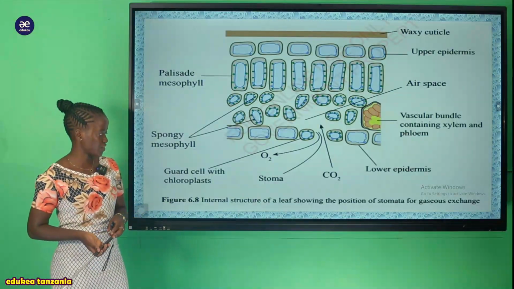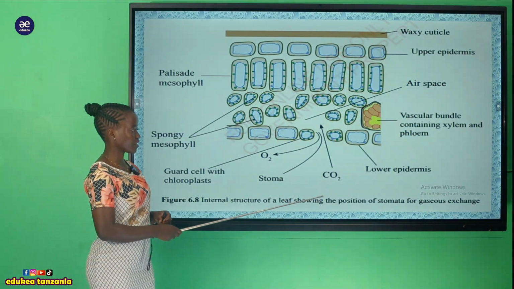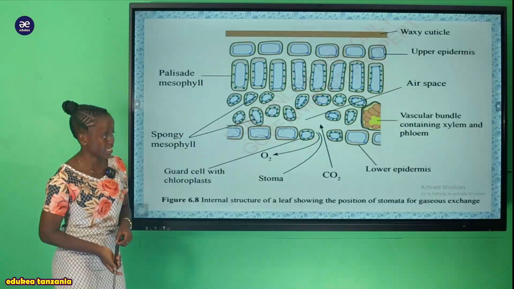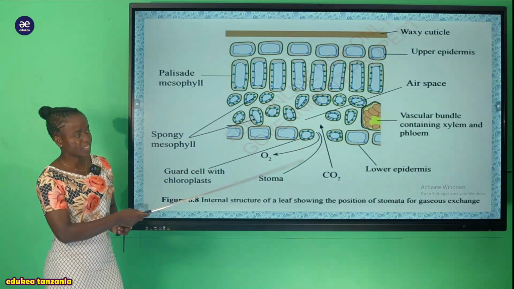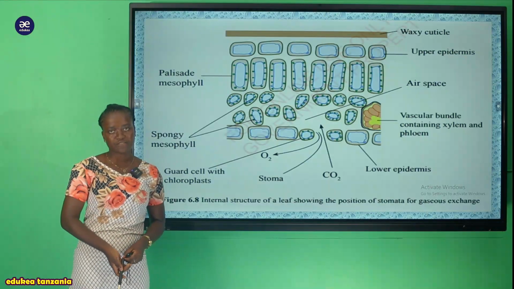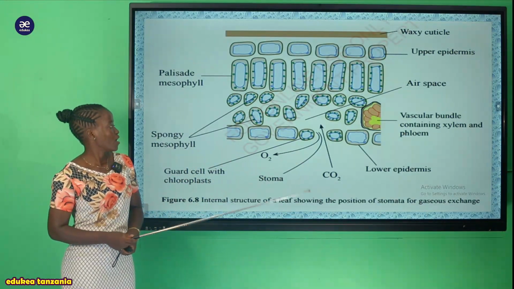So now let's see this figure. This shows the internal structure of a leaf with the position of the stomata for gaseous exchange. So this one is the structure of a leaf. Leaf ukienda kuobserve kwenye microscope ndipo ambapo utaiona ipo kwenye hii way.